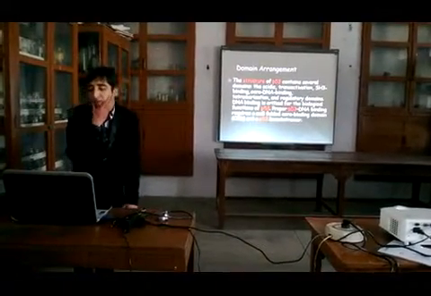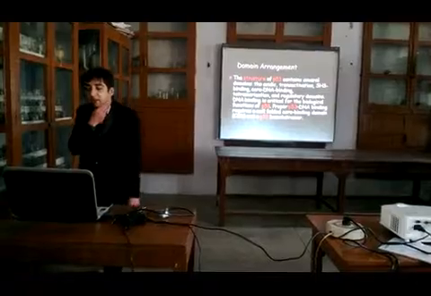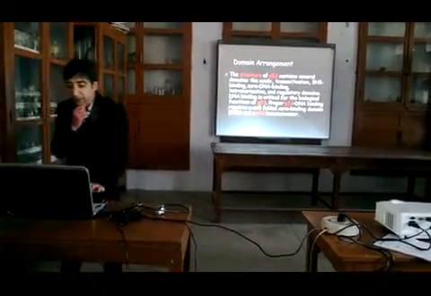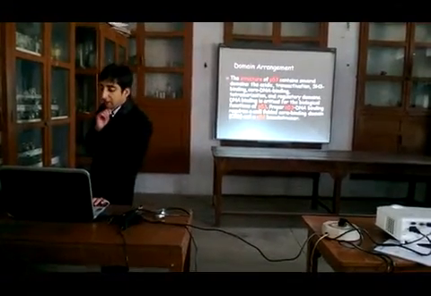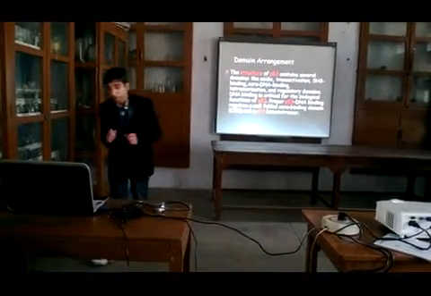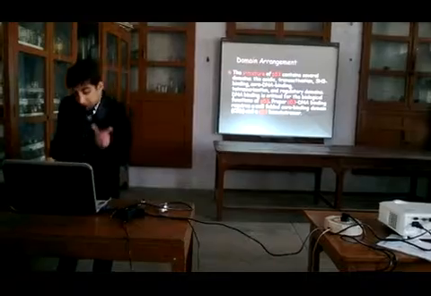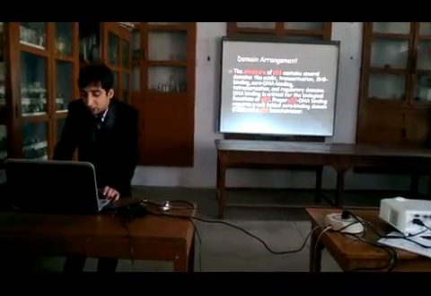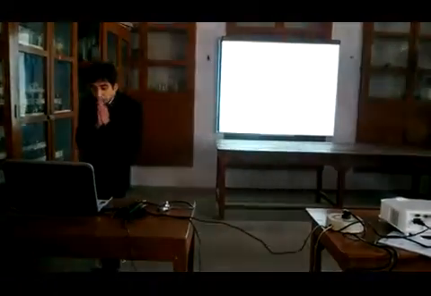The structure of P53 contains the trans-activation domain, the core DNA-binding domain, and the tetramerization domain, and each domain has its specific function. Now, this is the structure of P53.